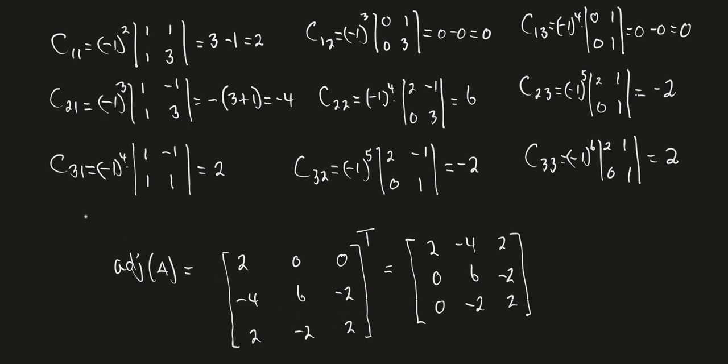And it's another matrix, 2, -4, 2, 0, 6, -2, 0, -2, 2. So that's the adjoint. All right, so we have, I would say, more than half of what we need to be able to write down the inverse of this matrix. But in order to do that, I need the other piece, which is the determinant, right?